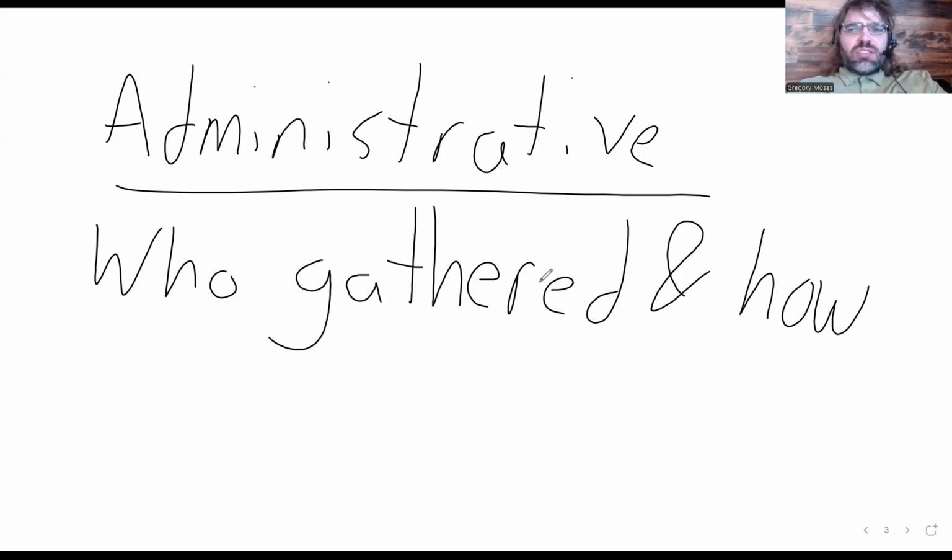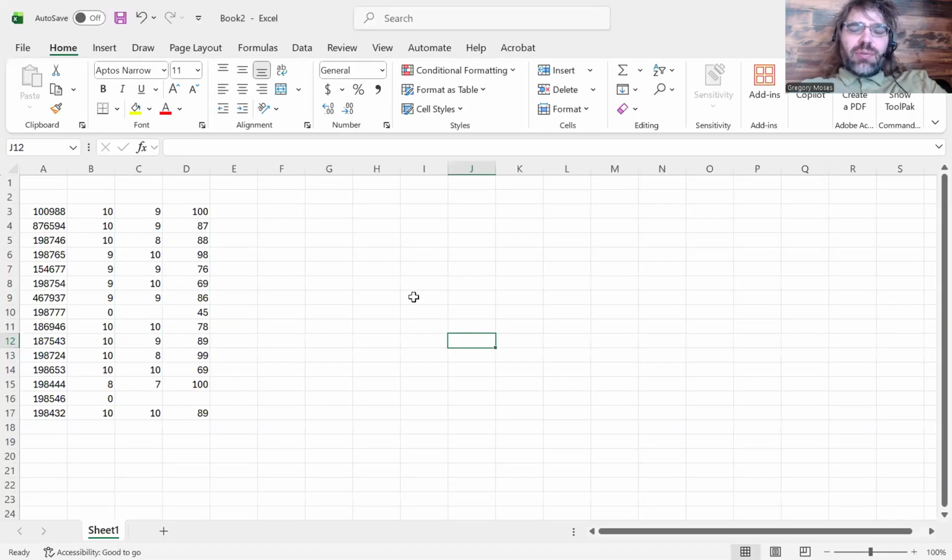So that's the fundamentals of metadata, and I hope it's pretty clear after this lesson that metadata is an absolute necessity. We cannot do data analysis if we don't know what the data we're looking at means.